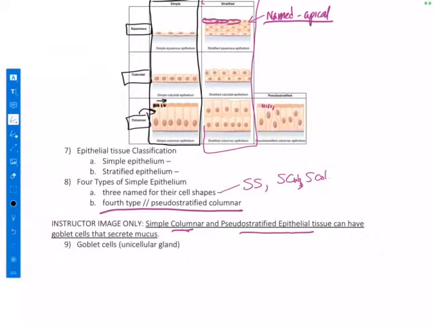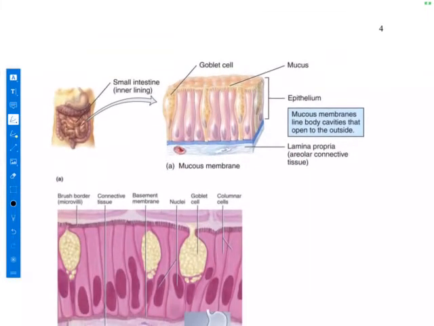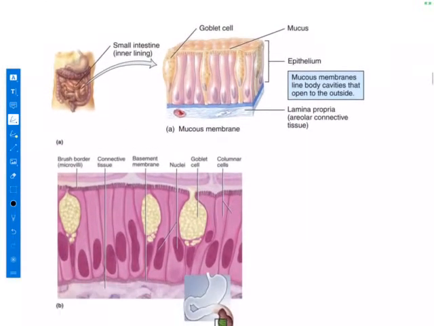So, we're going to go ahead and take a look at some goblet cells. Mucous membranes line body cavities that open to the outside environment. In this image, you can see a mucous membrane that's taken from the intestines.